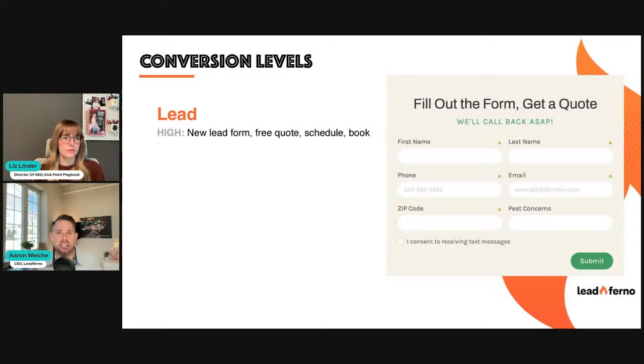Small things here when you look at these things. It all depends on what you might be porting this information into. But if you can have just one name field and it's fewer fields, that might be better. Sometimes you need those separated based on how you're integrating with the CRM or your lead management tool. But looking into those small things, again, anytime you can reduce just a little bit of friction. Zip code, pest concerns, right?